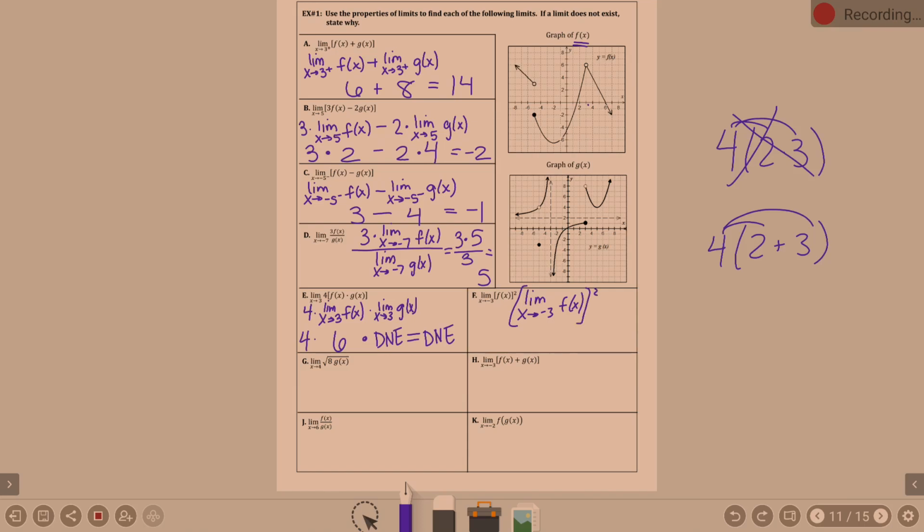So limit as x approaches -3 on f. Okay, so, final answer? 36. Negative 6 squared is 36.